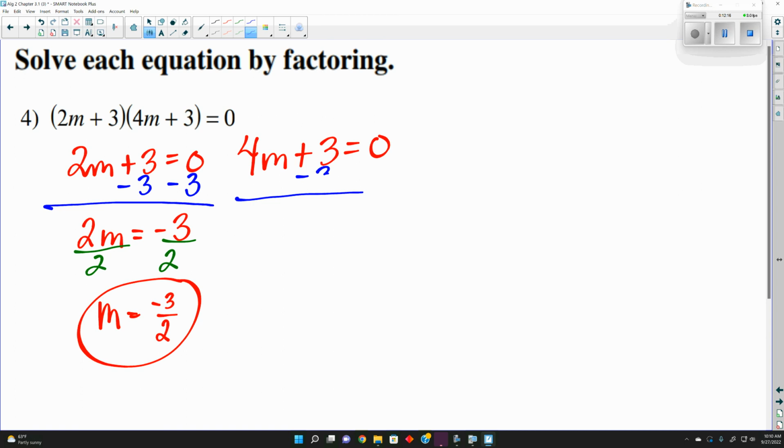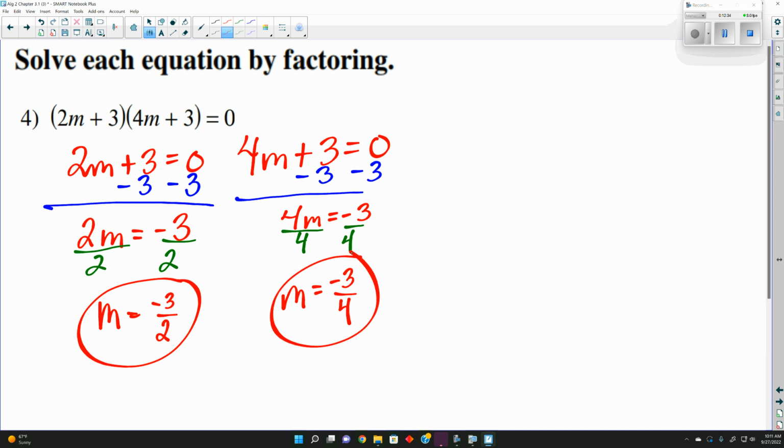We would subtract 3 from both sides, telling us that 4m is negative 3. Then we can divide both sides by 4, telling us m is negative 3/4. And that's it. Those are our two answers.